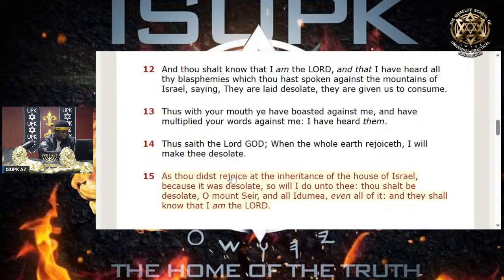As thou didst rejoice at the inheritance of Israel, because it was desolate, so will I do unto thee. Thou shalt be desolate, O Mount Seir, and all Idumea. Mount Seir is where Edom went to dwell, for his home.